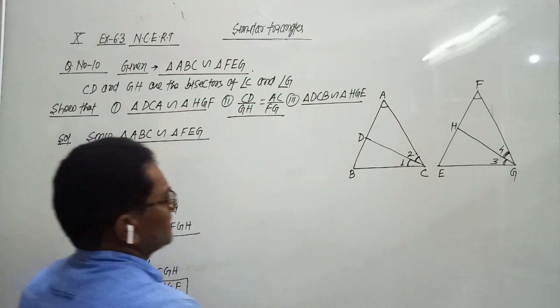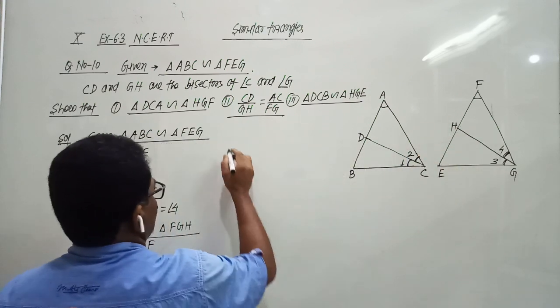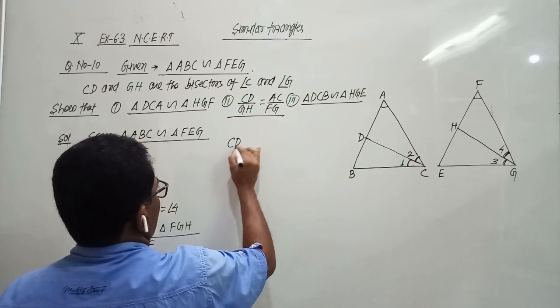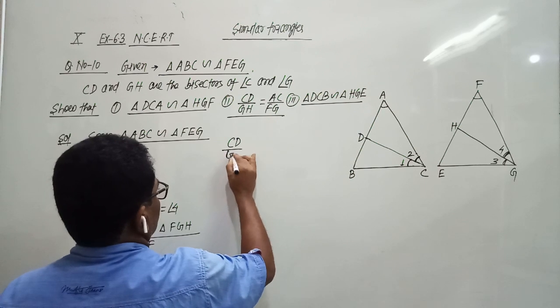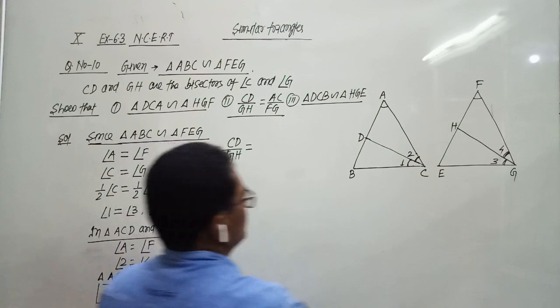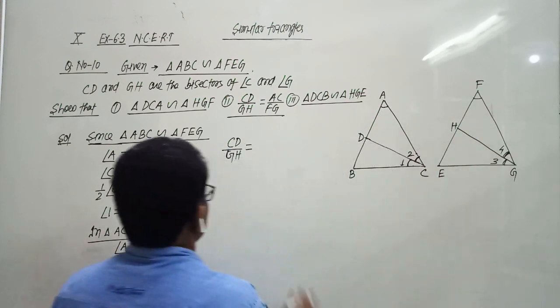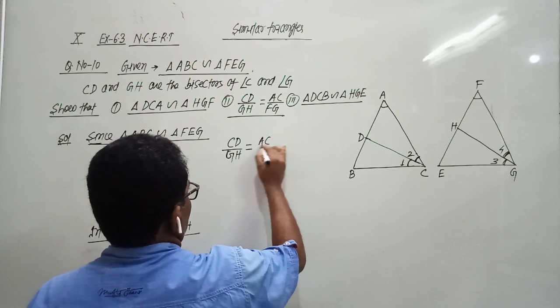We can write CD upon GH equals AC upon FG.